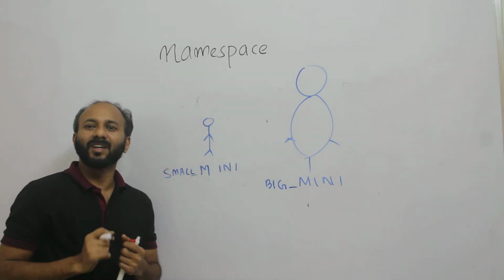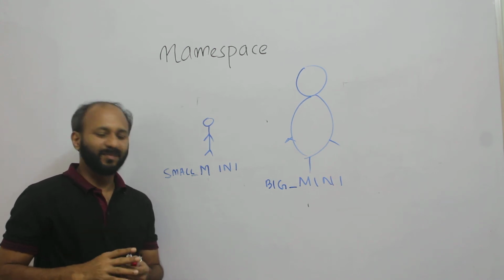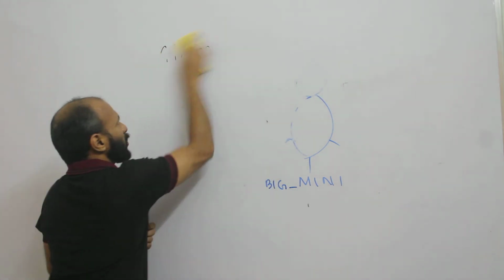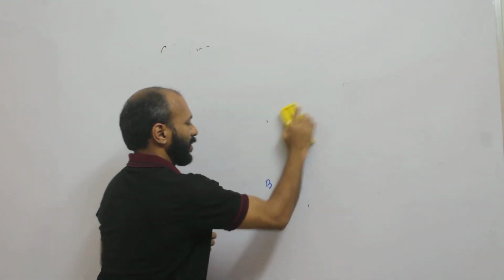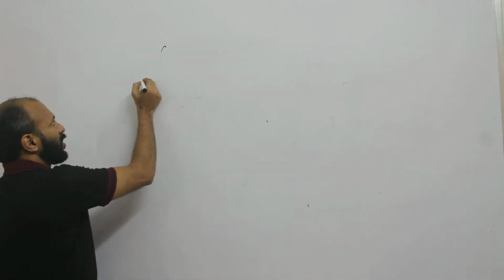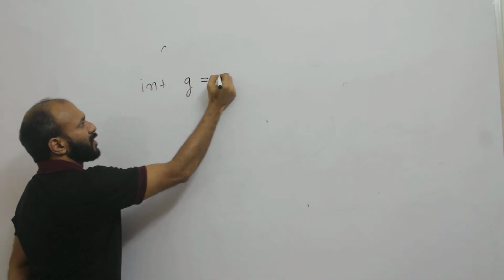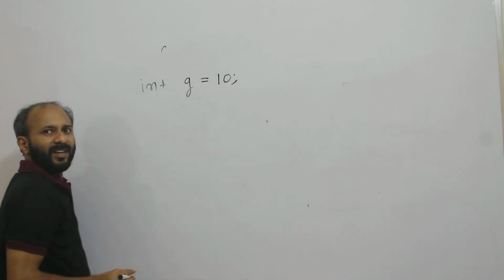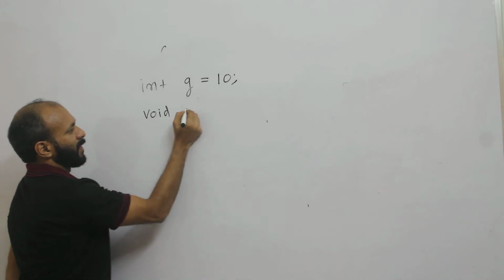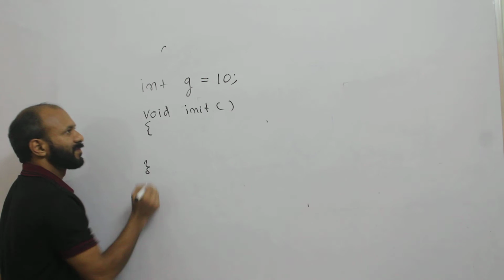Now we can write a program and see how this namespace works internally. Same program I am rewriting here. In module A, we have the global variable int g, which is equal to 10, and we have an init function, void init, and the implementation of the function.